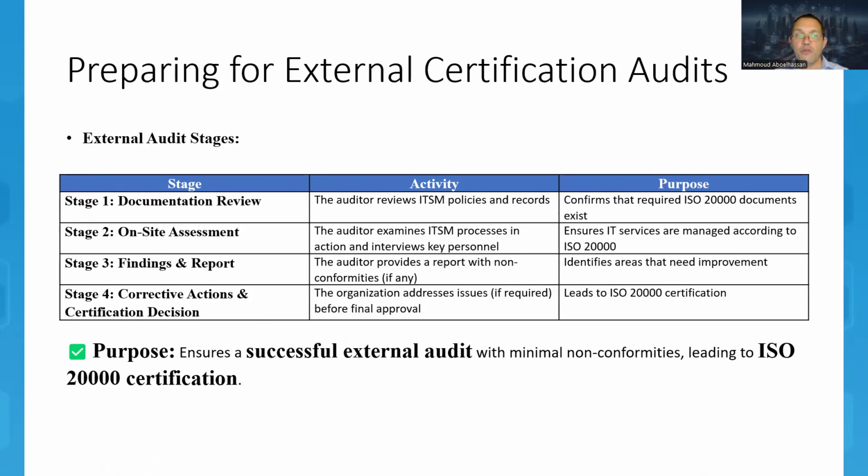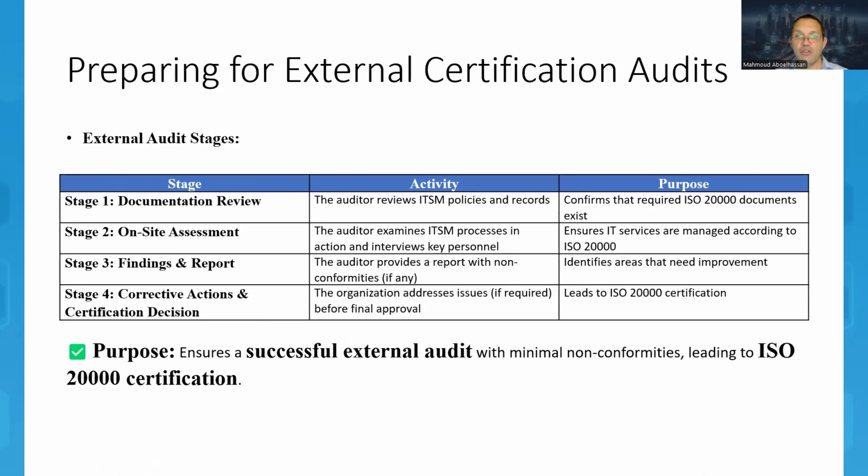In the third stage, the auditor will provide you with a report that includes all findings and non-conformities, if any, to identify the areas of improvement. In the final stage, stage 4, you will have corrective action and the certification decision.